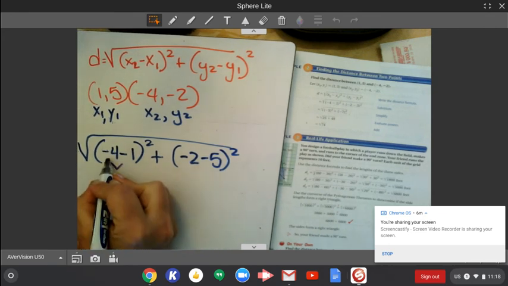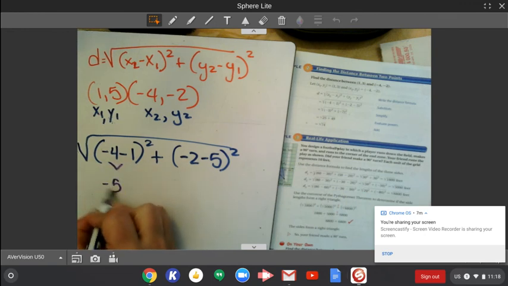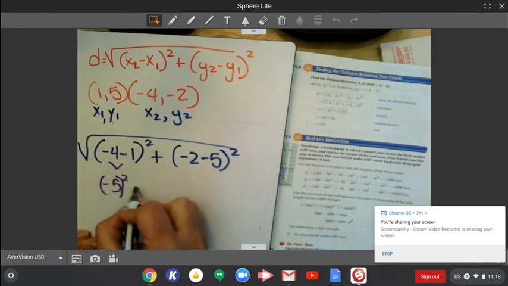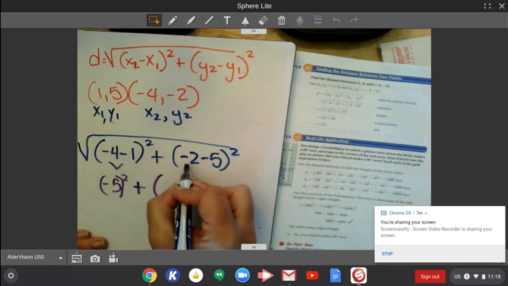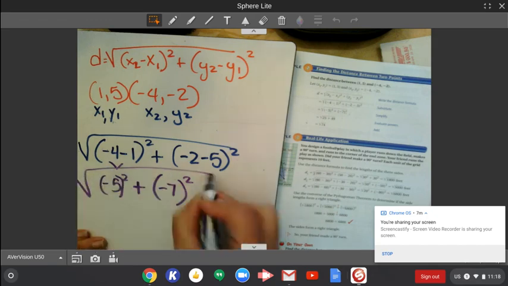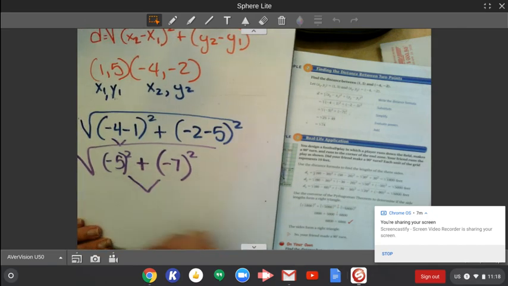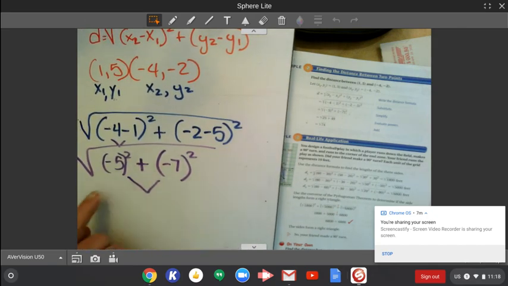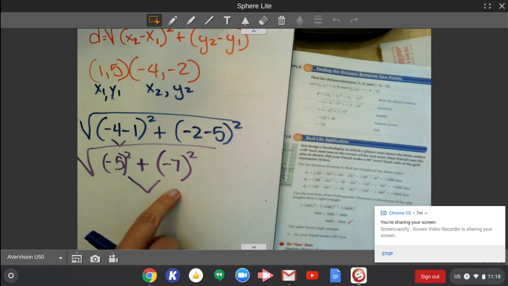Okay, now the next step, just going to simplify. This is negative 4 minus 1 is negative 5 squared, plus negative 2 minus 5 is negative 7 squared, and you're going to keep that square root on top. Last step, you're going to square both numbers. Now remember, when you square a negative number, it always comes out positive. That's important to remember.